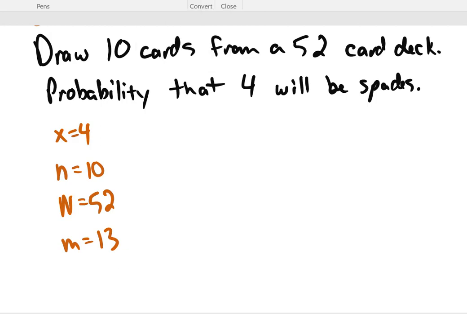So our probability that x equals 4 will be, m, we have 13 spades. We're going to choose 4 of them. I'm going to use a little bit more familiar notation. So 13 choose 4, times n minus m.